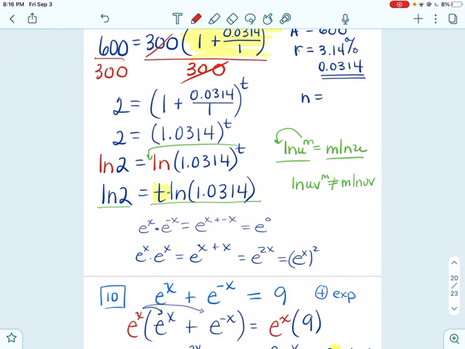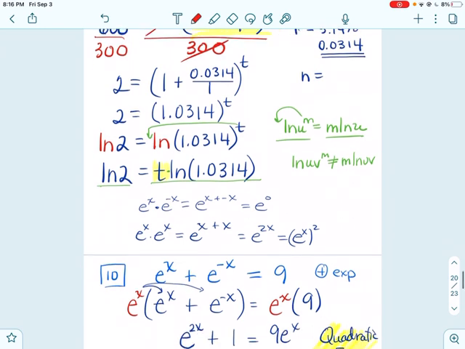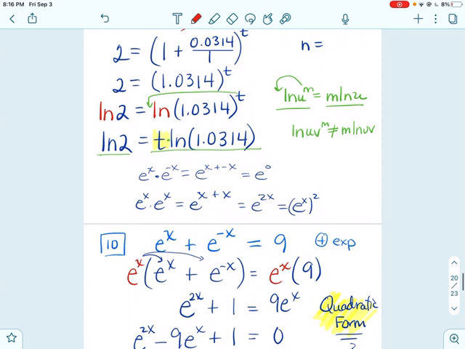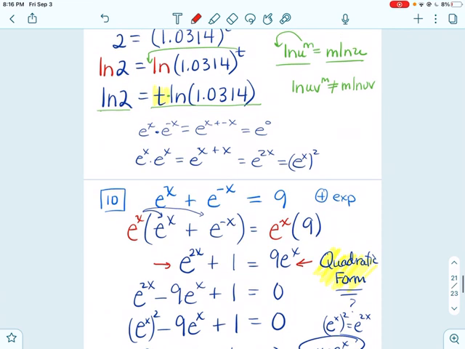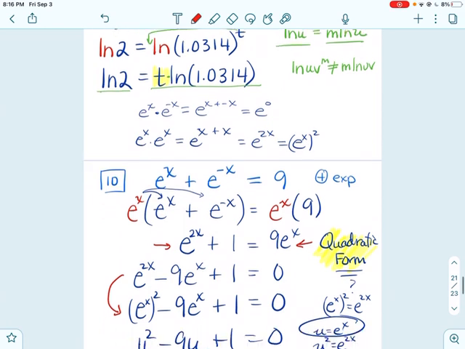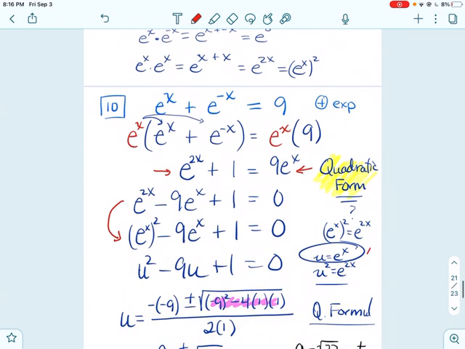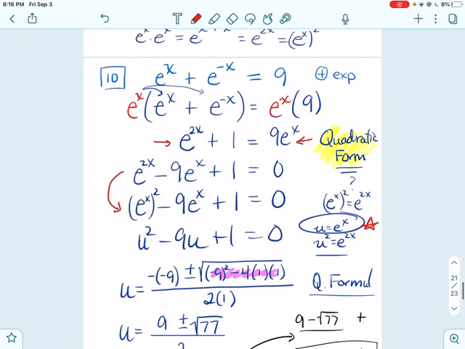So in multiplying both sides of this equation by e to the x, I get an e to the 2x, and I also have an e to the x. If you look at it in quadratic form, you can see that you have the quadratic form, and sometimes we'll say off to the side, u is equal to e to the x, and then solve that equation.